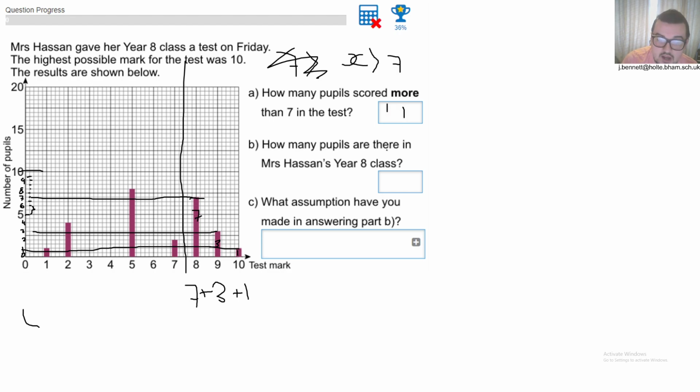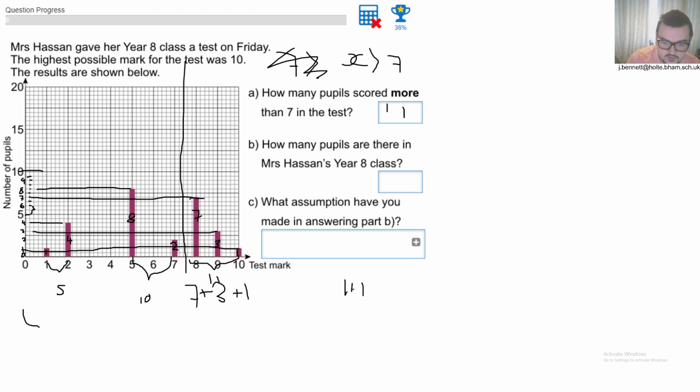How many pupils are there in Mrs. Hassan's class? So we count again, 7, 3, 1, that's 11, this bit's 11. How many here? It's 2. How many here? Is 8. How many here? There is 4. And how many here? There is 1. So we want to add these scores. This is 10. This is 5.